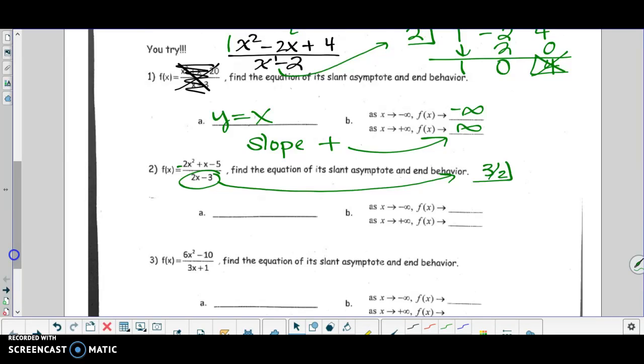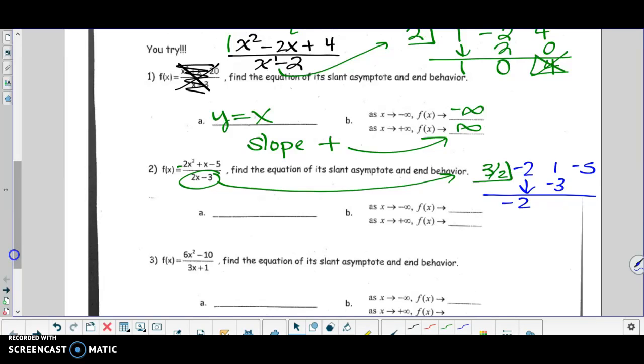So my coefficients are negative 2, 1, and negative 5. So bring down the negative 2. What is 3 halves times negative 2? Put it in your calculator. Remember, alpha y equals enter, you can get 3 halves in there. 1 minus 3 is what?